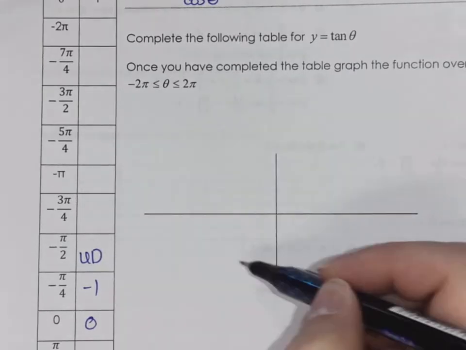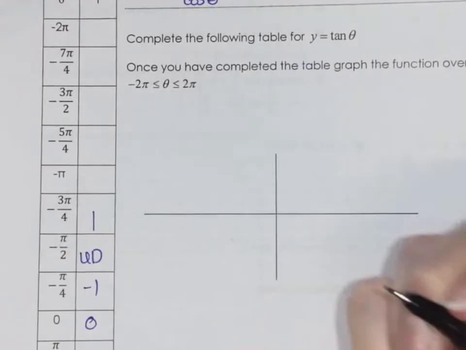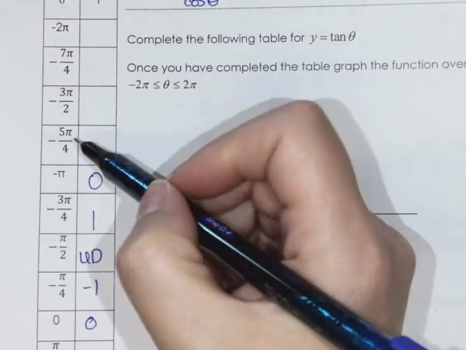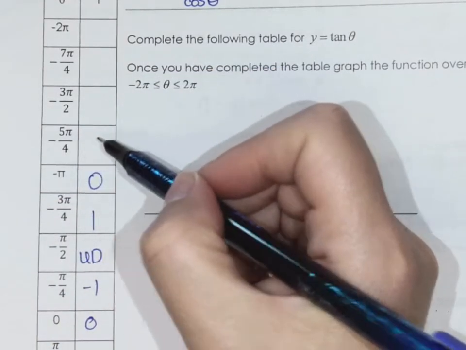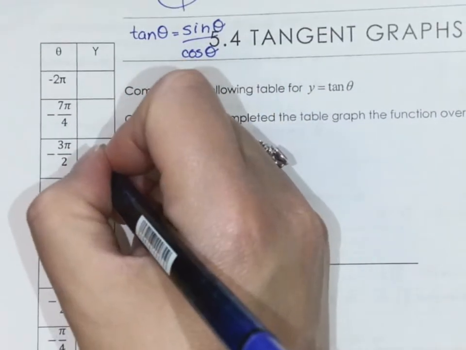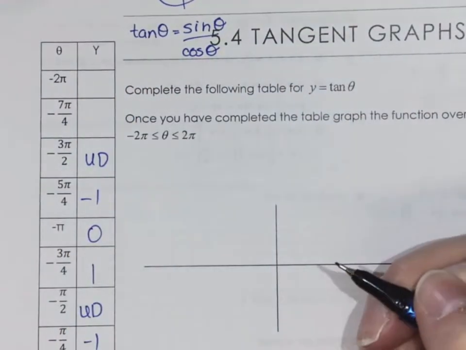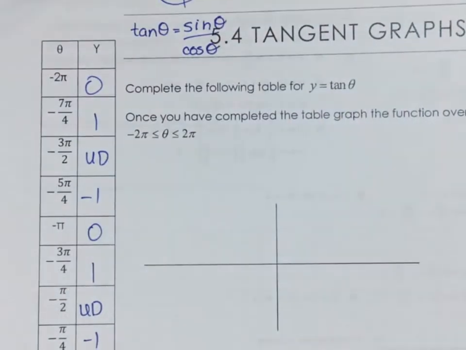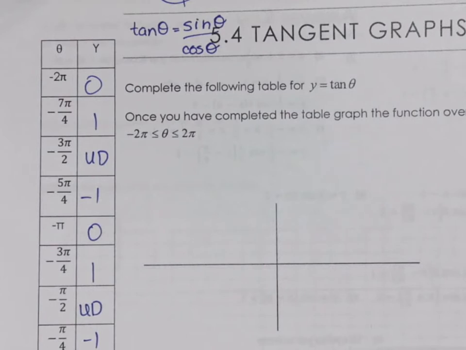And then what's happening at pi? 0. And then what's happening at -5 pi over 4? -1. And then? Undefined. And then? 1. And then? 0. Okay, so you just follow the pattern, right? You stop even doing the math or thinking about where you are in the quadrants and you're like, this is the pattern. I just follow the pattern. And that's kind of nice about sinusoidal functions.